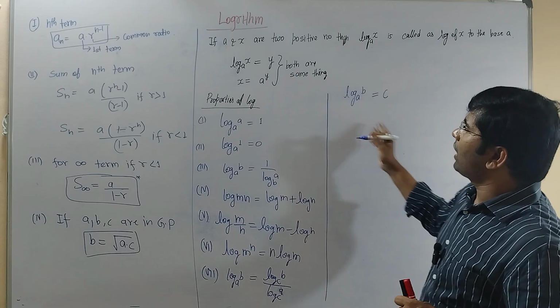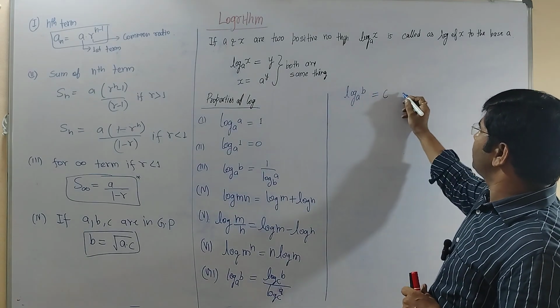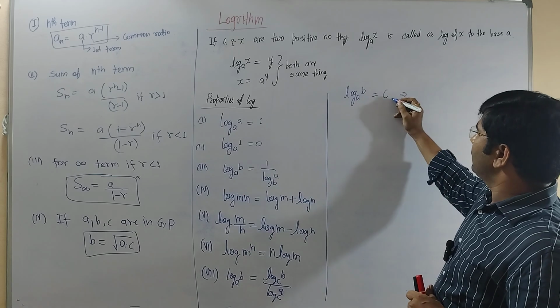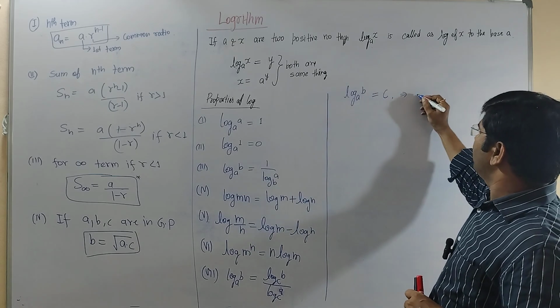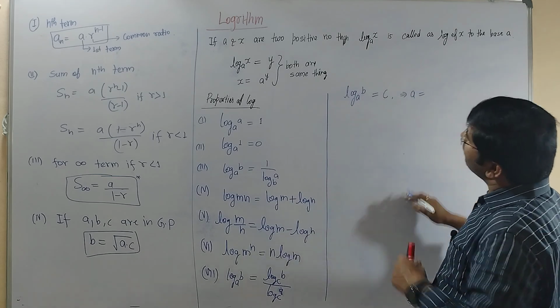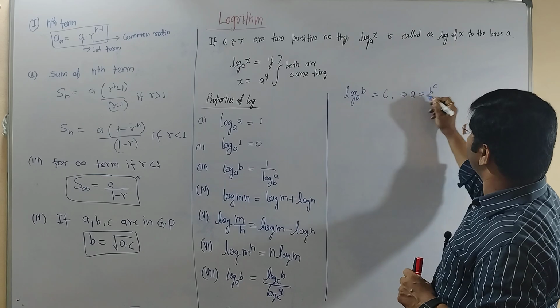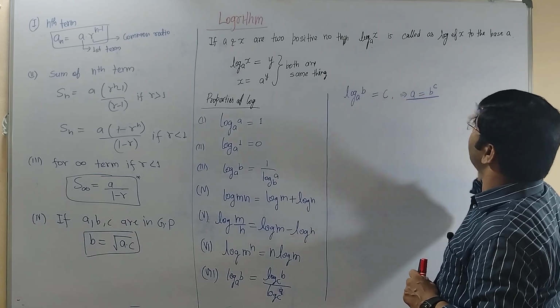Basically I am going to repeat this one. If log a b equal to c, this implies that a equal to b to the power c. So b to the power c. This is mostly used. You have to remember it.